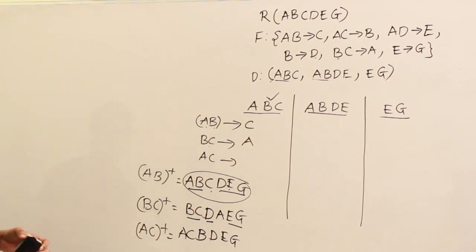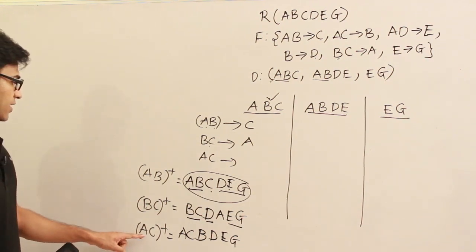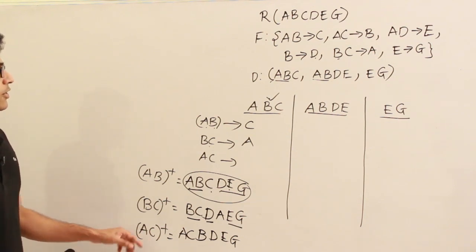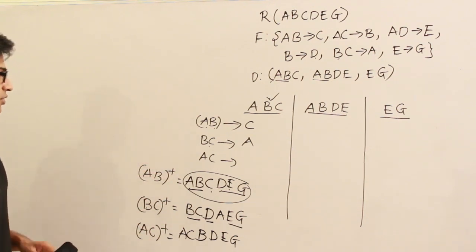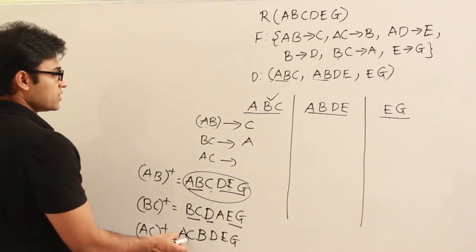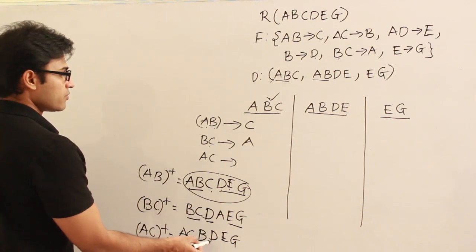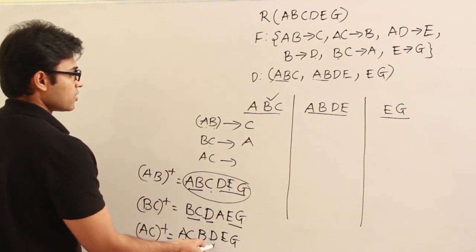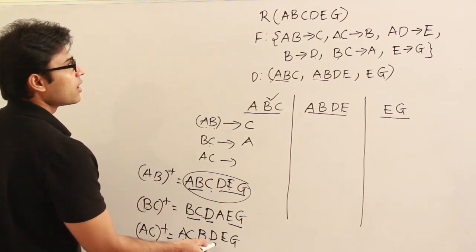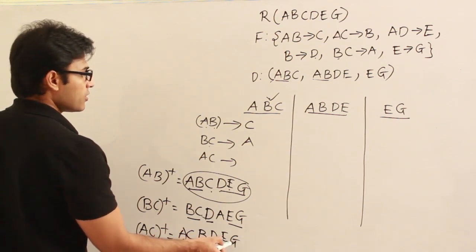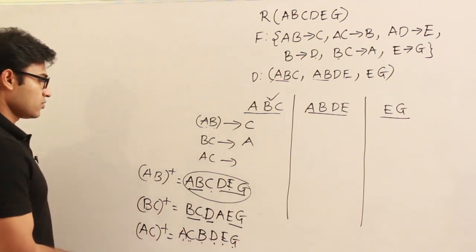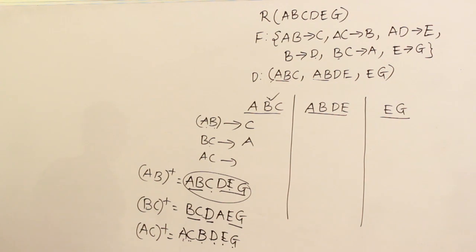What kind of key? Again a candidate key. The reason is A or B cannot determine everything, therefore it will be a candidate key, right? So check this once again. Because of AC I get AC, and because of AC I got B, and because of B I got D, and because of AD I got E, and because of E I got G, right? So I got everything, right?